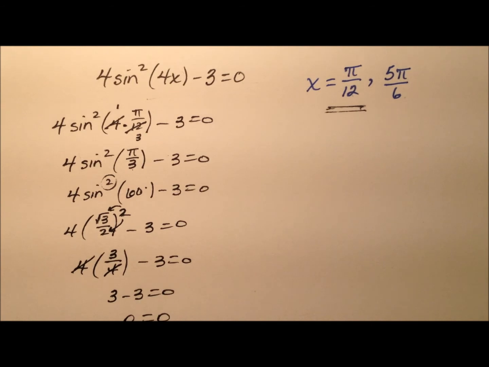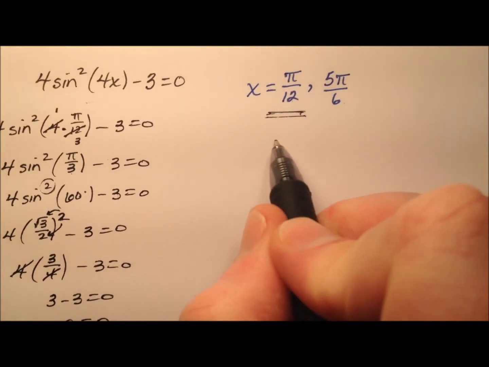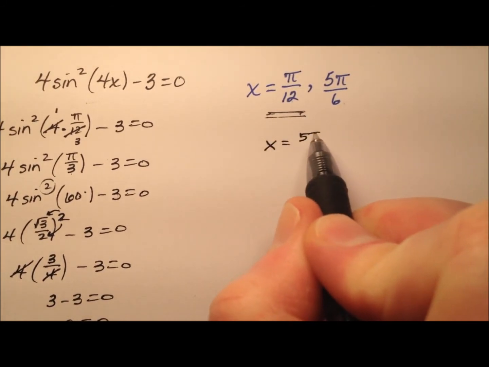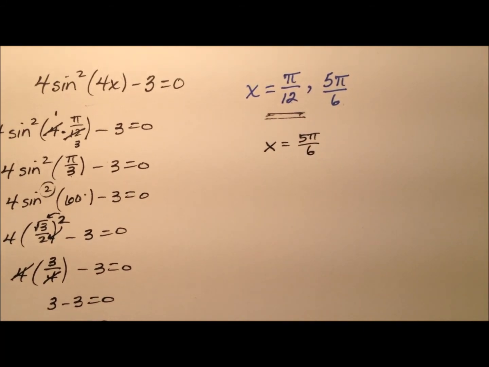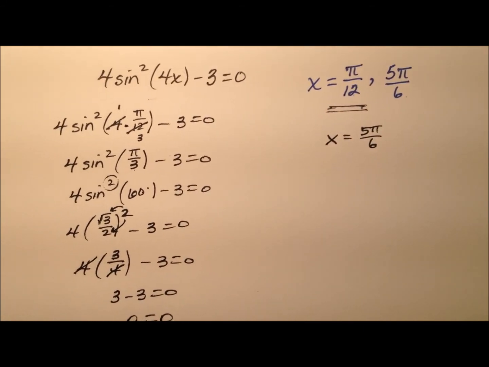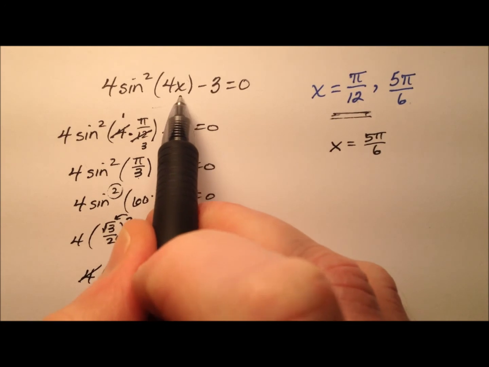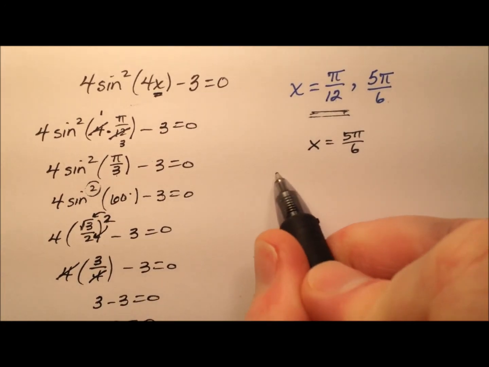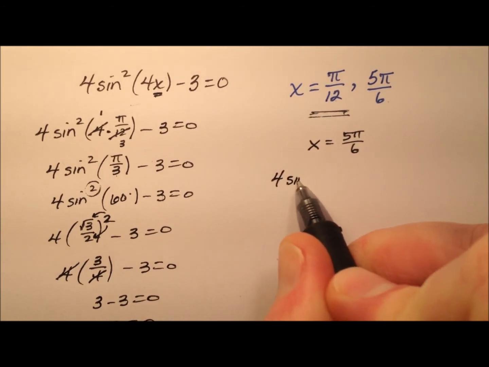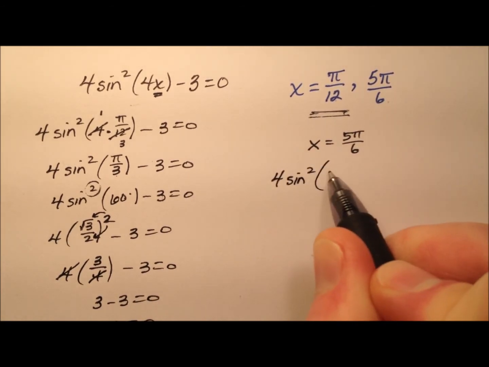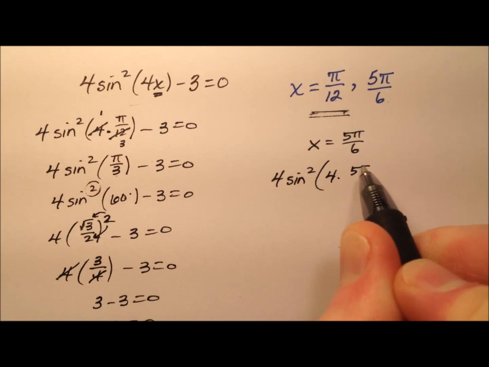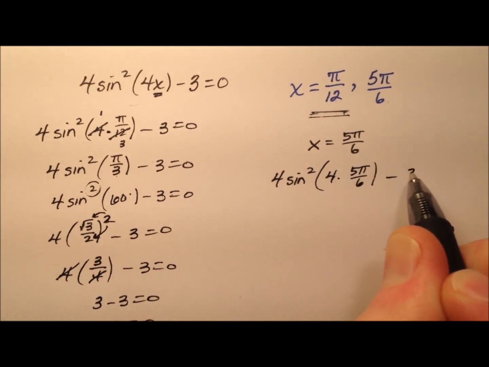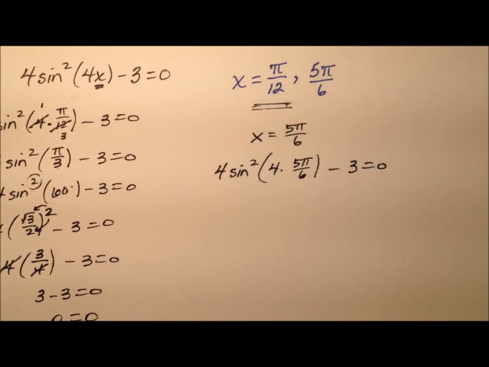So let's do the same thing, but we'll use x equals 5 pi over 6, and we'll rework it once again using direct substitution. So we'll plug 5 pi over 6 right in there for that value of x. So we have 4 times sine squared of 4 times 5 pi over 6, minus 3 equals 0.